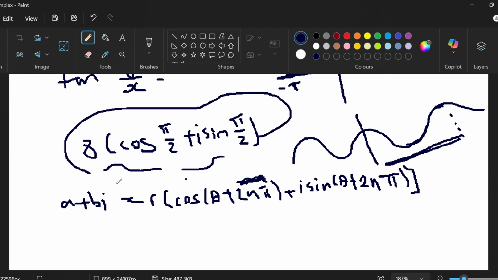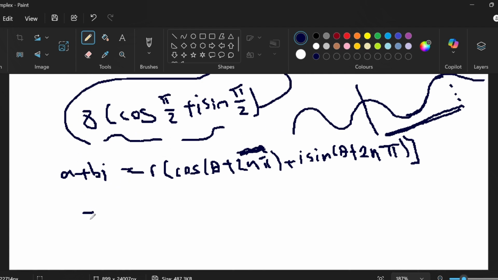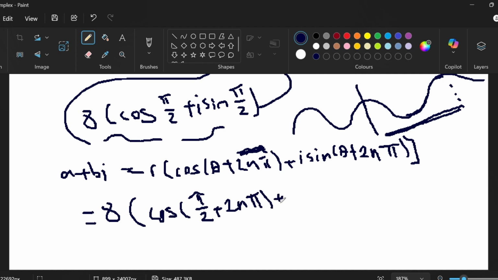So I can write this in general polar form by using my r of 8, then writing this out as cos pi over 2 plus 2n pi, plus i sine pi over 2 plus 2n pi.